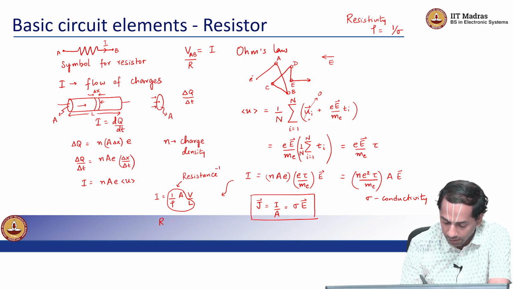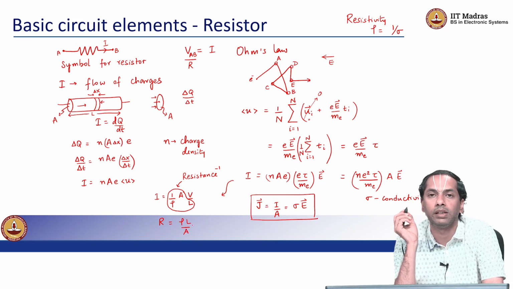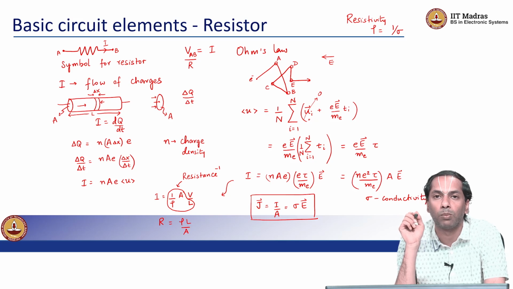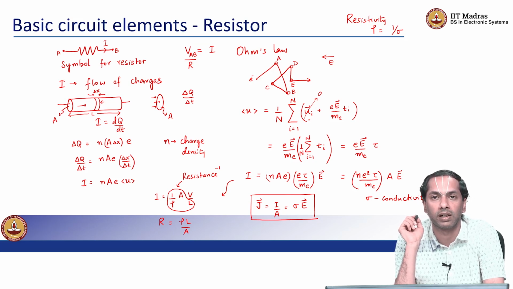So, R is rho L by A. This is how you can go from the point form to the more popular V equals IR for Ohm's law. So, this is how you were perhaps taught the derivation of Ohm's law for a resistor.